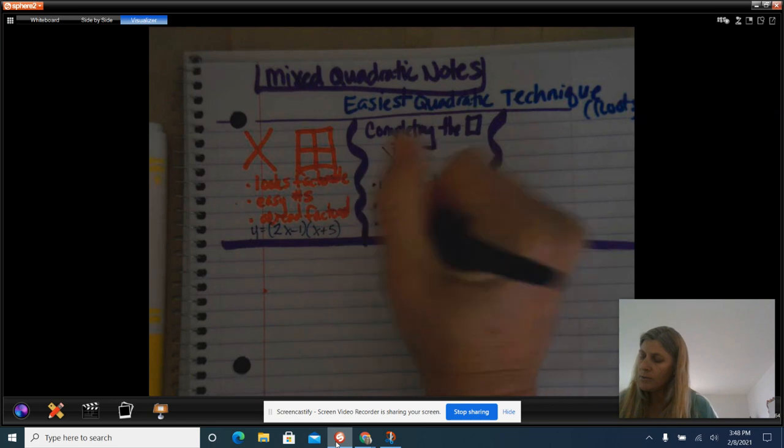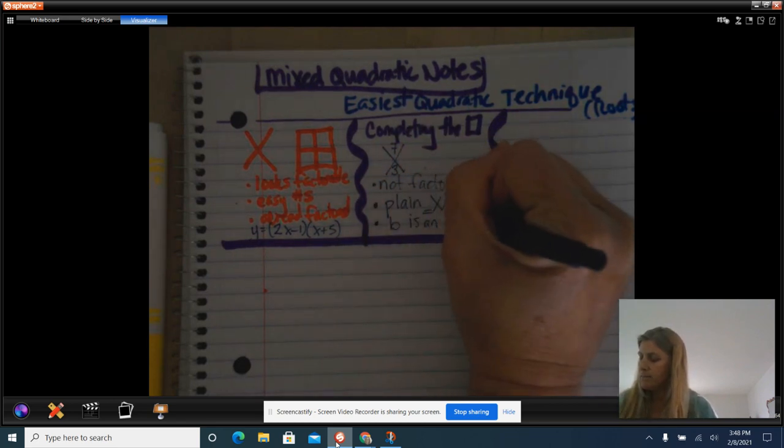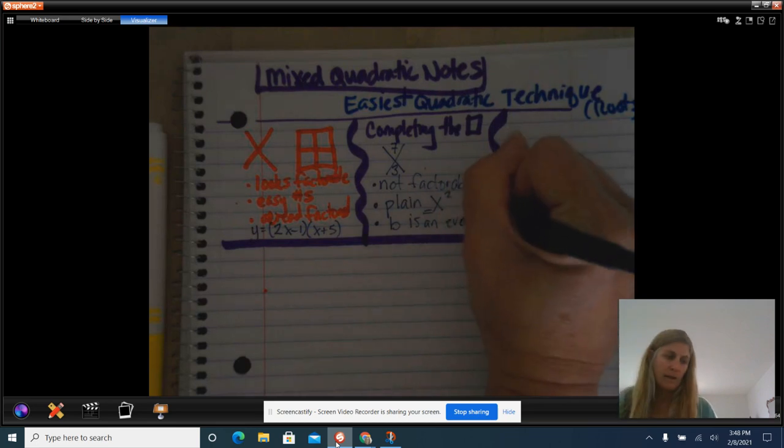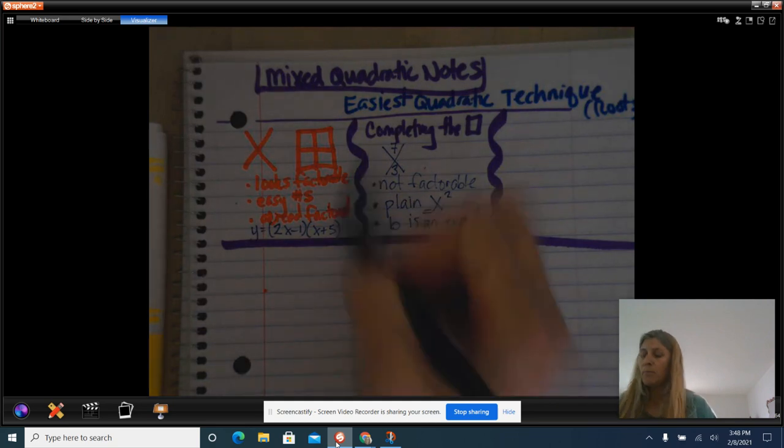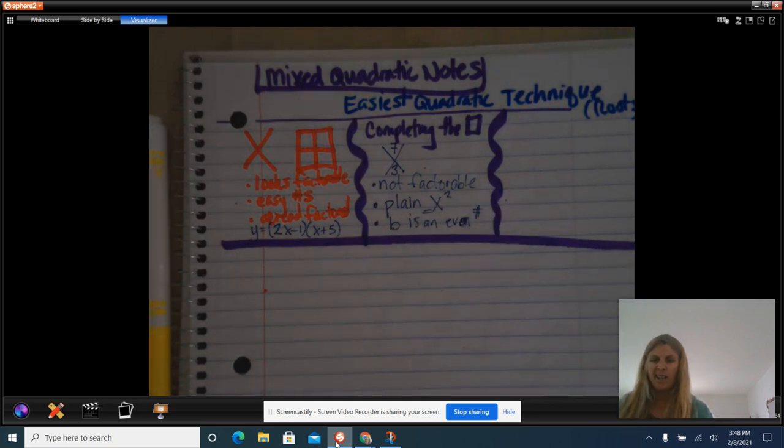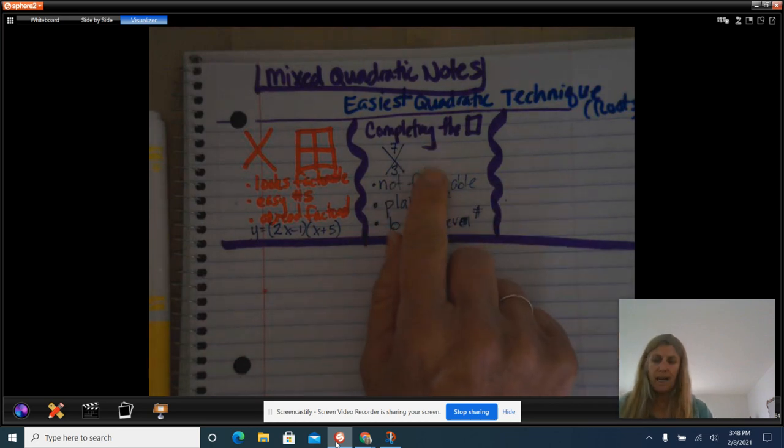It's also nice if b is an even number. Remember, b is the number in front of the x. If that's an even number, because we're going to halve it, then completing the square is an option. Like I said, this is a technique we're not going to work on a lot this year, but you should be aware that it is a technique.